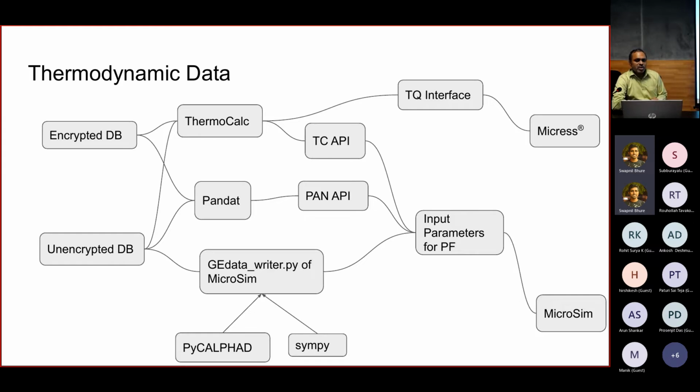You actually need to also buy the TQ interface. You should buy the Thermo-Calc engine, and also a license for the thermodynamic database. So you should have 4 licenses in place, and they will have certain compatibility issues, and one should have all of them updated so that you can actually use the capability.